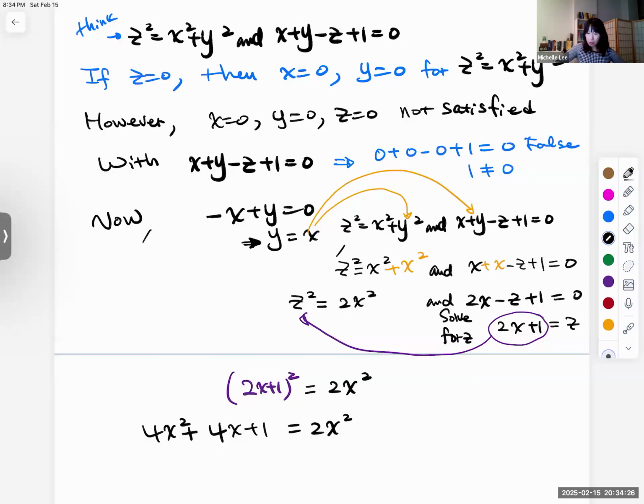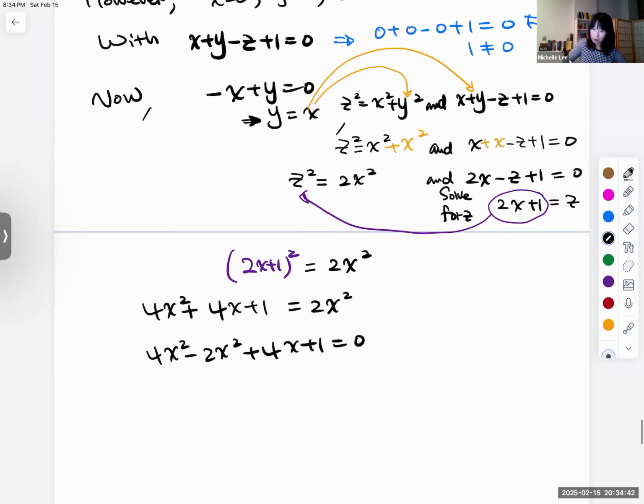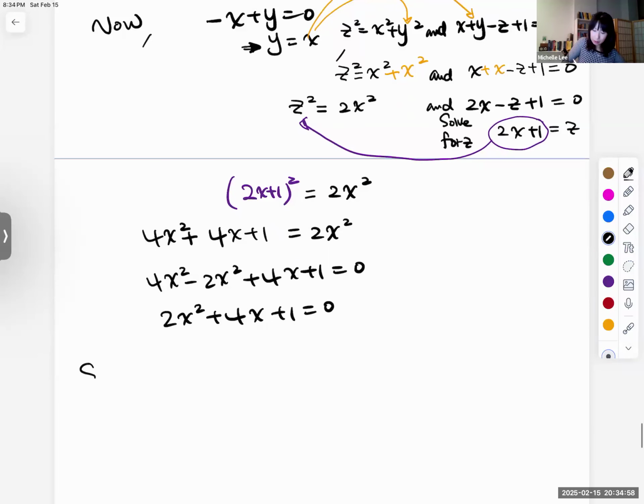So make the other side equal to 0. We have 4x squared minus 2x squared plus 4x plus 1 equal to 0. Then we have 2x squared plus 4x plus 1 equal to 0. Okay, so we can solve for x, right?